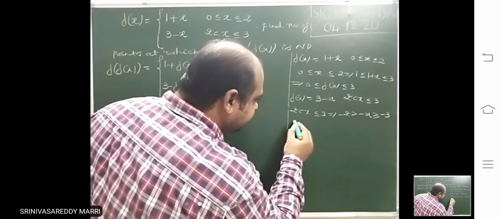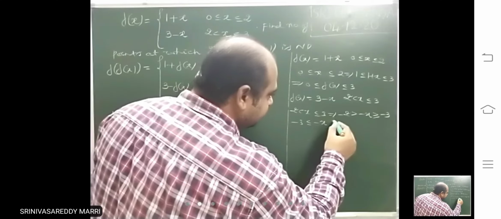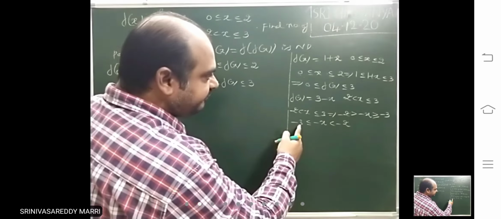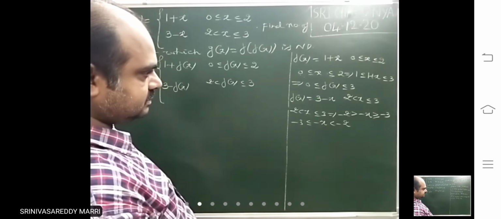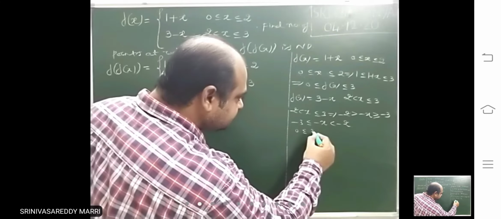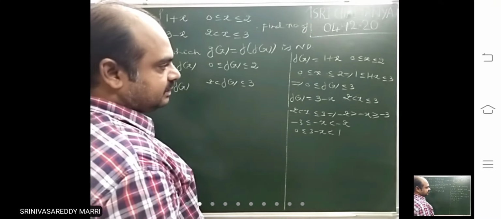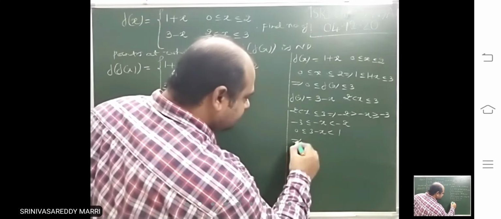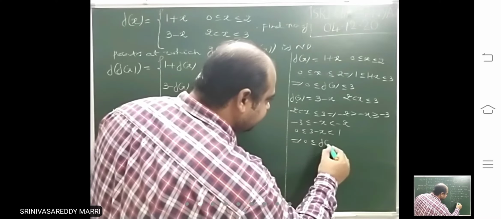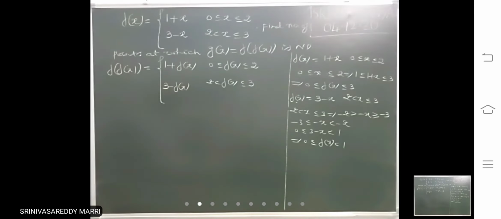That means from the reverse side, minus 3 less than or equal to minus x less than or equal to minus 2. Add 3. If we add 3, 0 less than or equal to 3 minus x less than or equal to 1. That means in this case, f of x lies between 0 and 1.